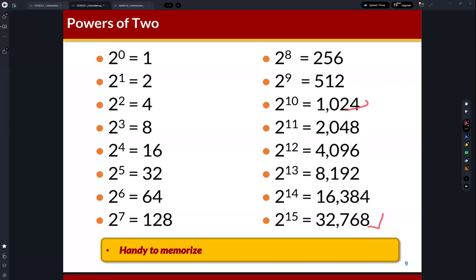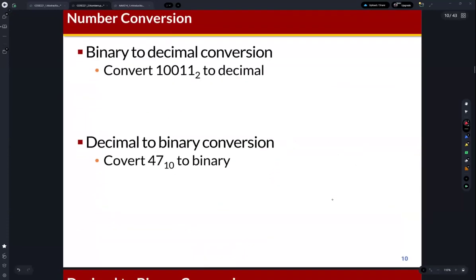That means many data will be represented as binary numbers. If we memorize these powers of 2, then we can easily convert the magnitude or some data of the binary number to the real number. So I recommend you to memorize the powers of 2.